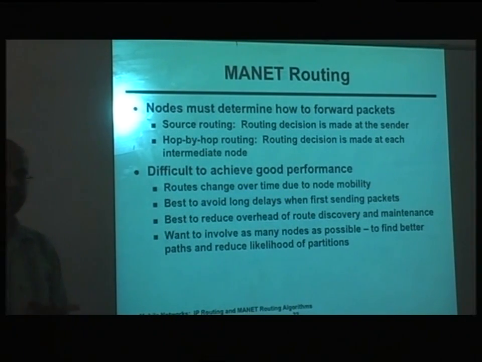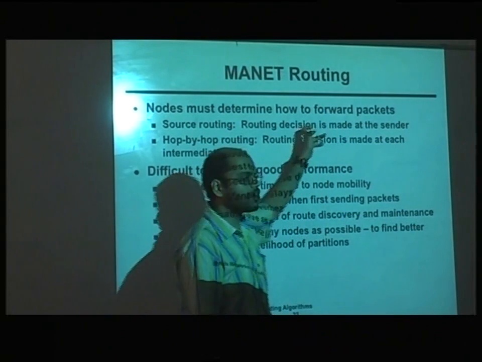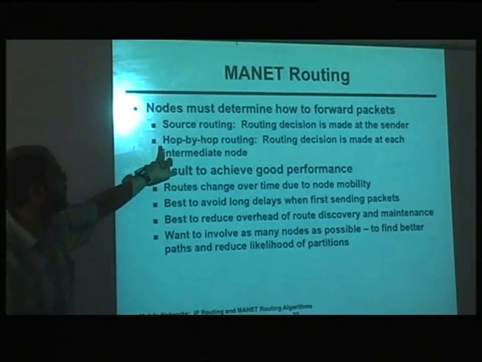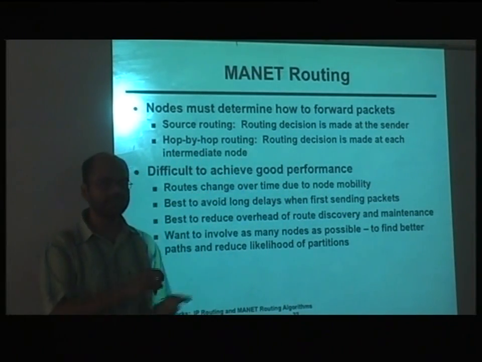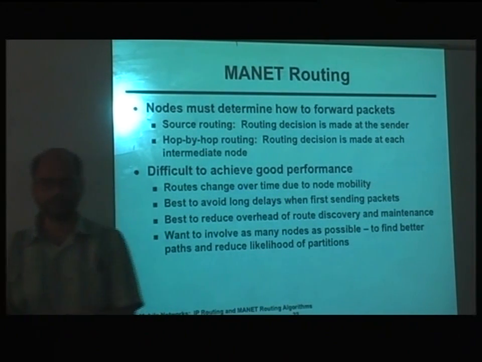Link state. We can use something like a link state. We'll see what that algorithm is. And the other one is hop by hop. That means the source node does not know the entire path, and that is distance vector. So we use the same two algorithms, but we'll modify them.